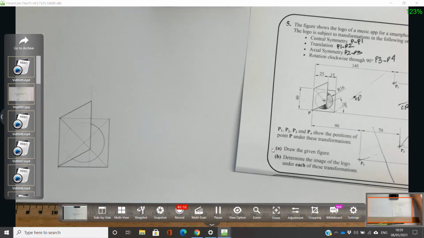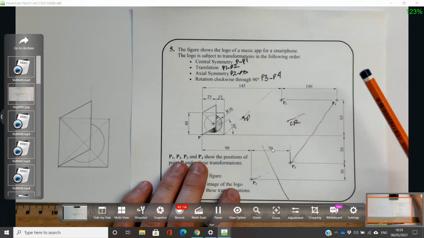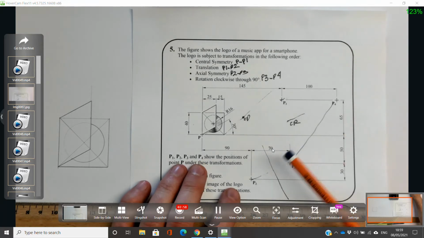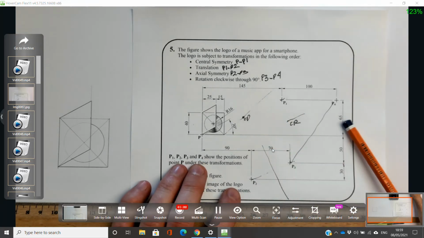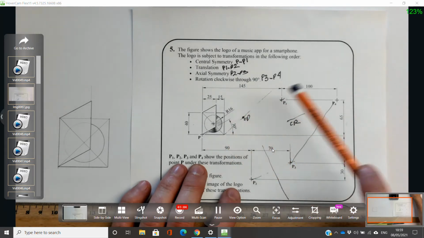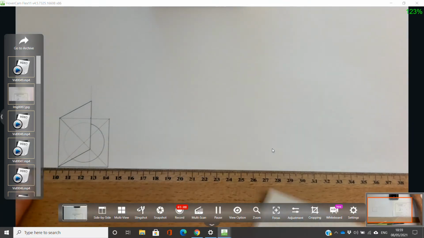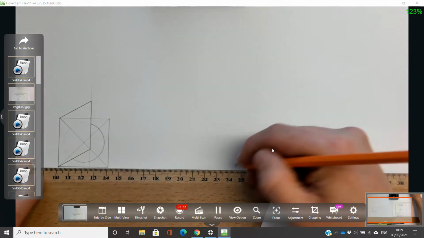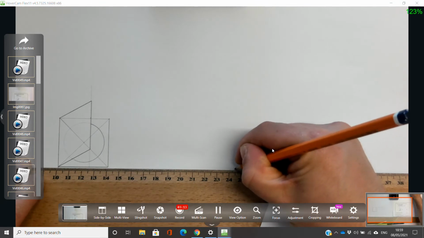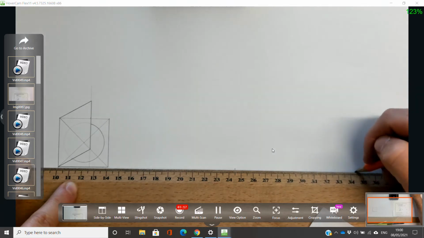Now, then we're going to plot out the points P1, P4, P3 and P2. So P1 and P4 are up 65, across 145 from P, and a further 100, 245. Okay, so I want to go across 145 and then 245.